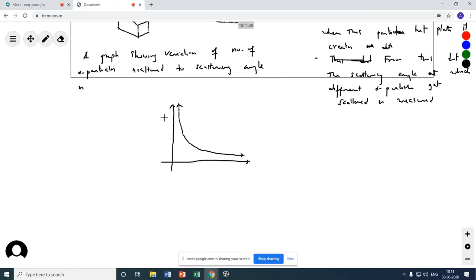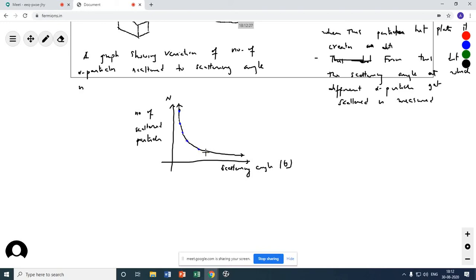This is the number of scattered particles, and this is the scattering angle, theta or phi, whatever you want. This is n.